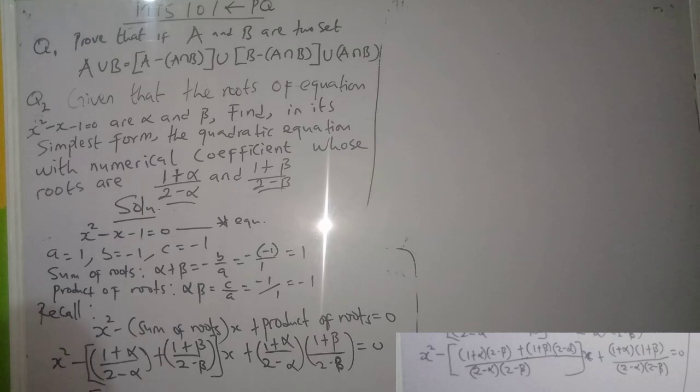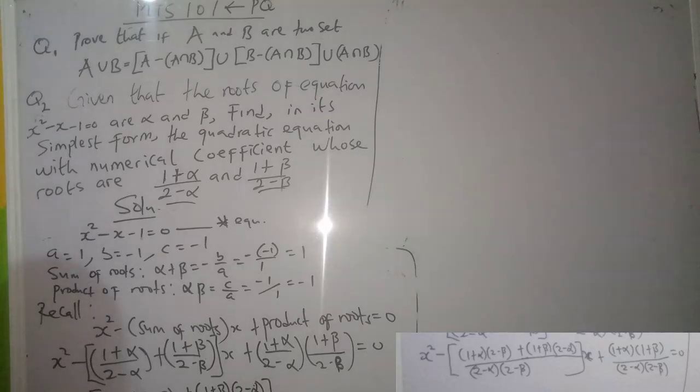What's our LCM here? Our LCM here is 2 minus alpha, 2 minus beta. Alright, so this one take care of this. We are left with 1 plus alpha, 2 minus beta. Alright, plus when this one take care of this, we are left with 1 plus beta into 2 minus alpha.